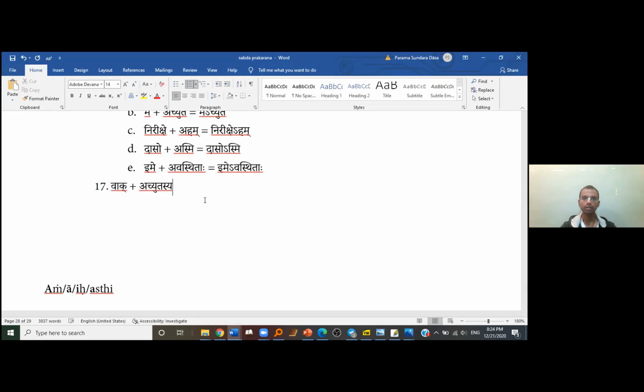So it will change into Bag achyutasya. Got it? This is quite a prominent sandhi, very much used.